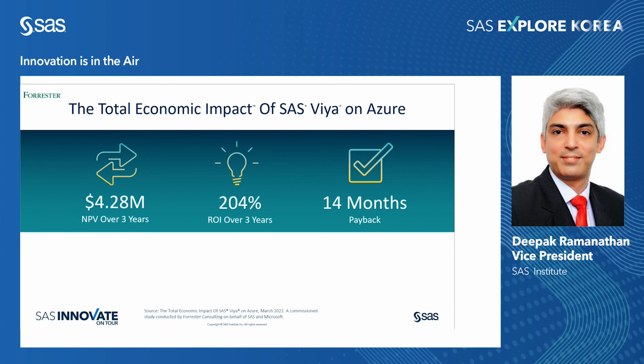This slide is a snapshot of the value realized after they implemented SAS VIA on Microsoft Azure. These are not projections, but actual results. One important point I'd like to highlight is that when Forrester does these studies, they focus on only two pillars, which is infrastructure and operational benefits of running SAS VIA on Azure.